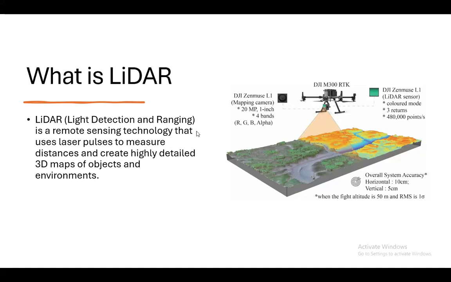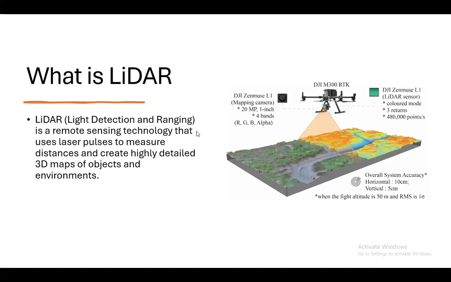So this word explains everything: light detection and ranging. What does it mean? Actually, it detects objects. It estimates the location by ranging. Ranging means measuring the distance between the sensor and the object. Just like GPS or a navigational satellite system also works on pseudo range.